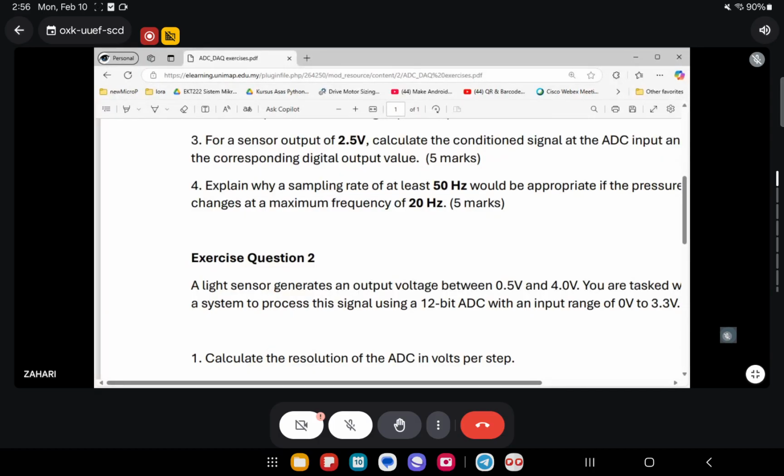Okay. So this means if we have fewer steps, for example 2048, half of this, what do you expect the step resolution will be? Question. This must be answered so that you can understand.